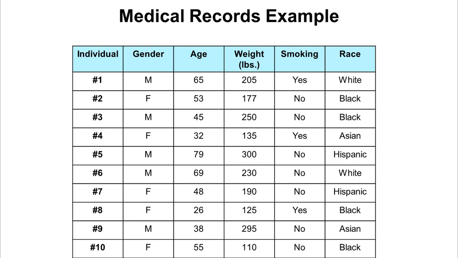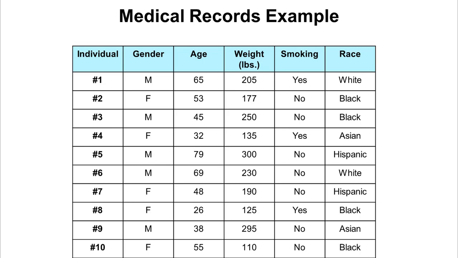Again, the last one, race. All the races listed are categories. Another thing you can do with categorical data is you can start to separate it out. If you look at the gender category, I have 1, 2, 3, 4, 5 males and 5 females. So I can list it.